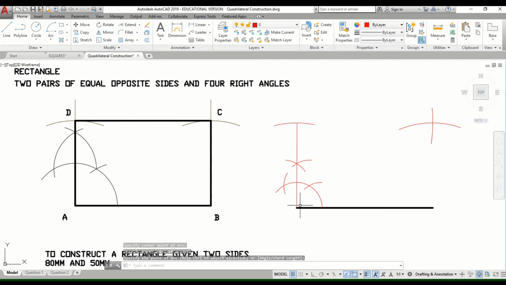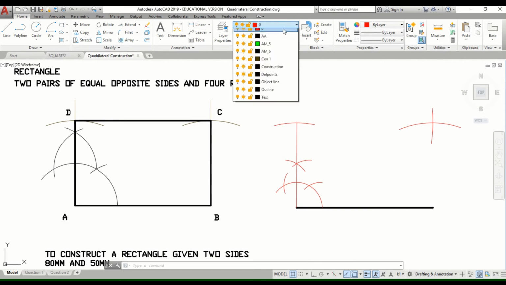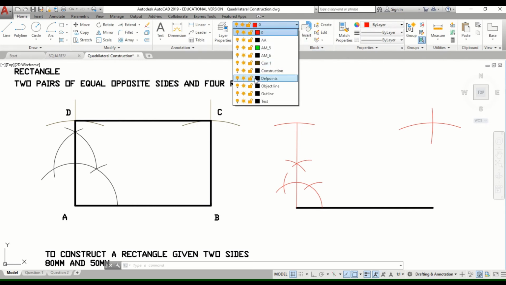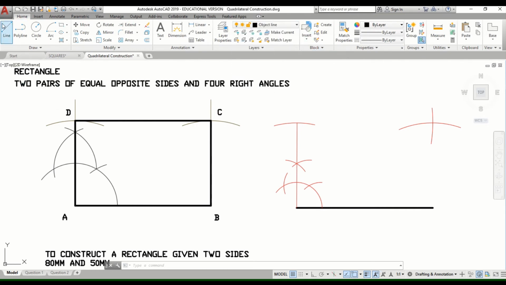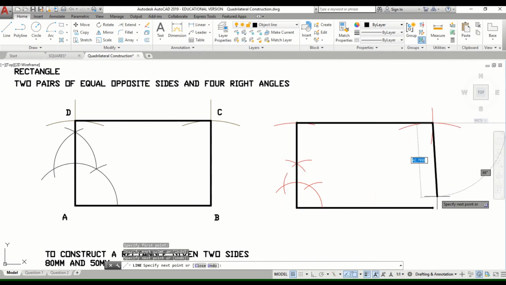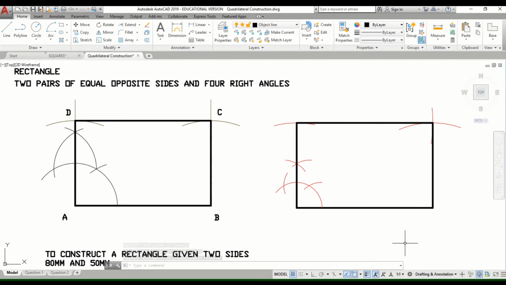So what we have now is the 4 points of our rectangle that we complete using an object line. Line tool to our points, escape to come out of that line tool, and there we have the construction of our rectangle when given its two sides.